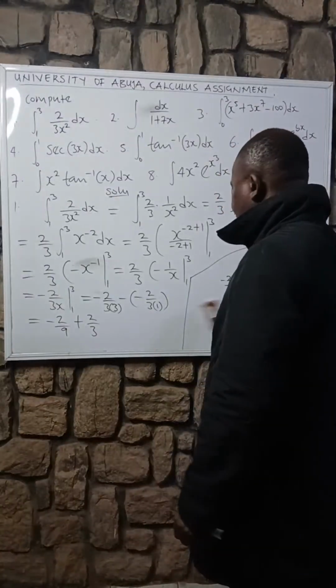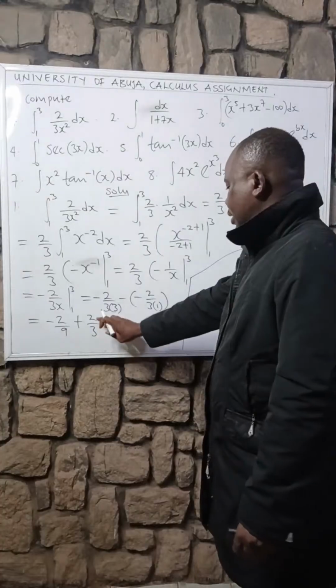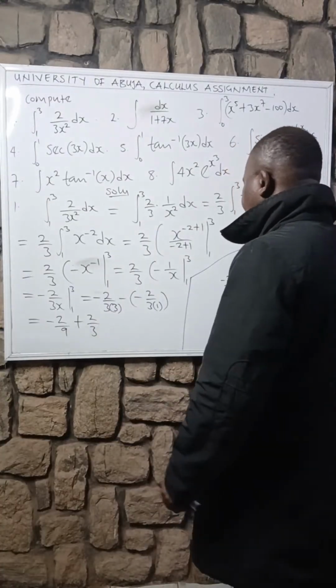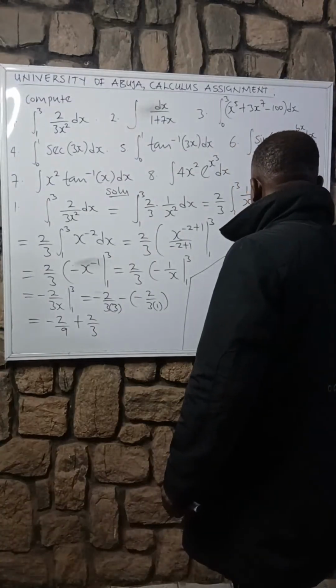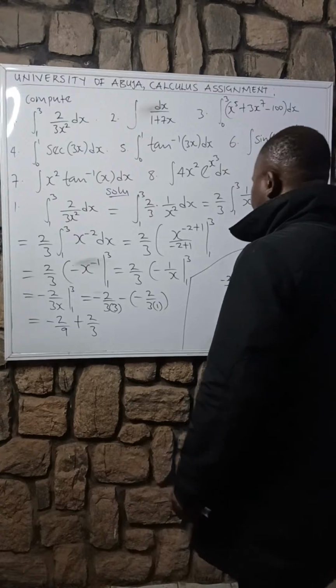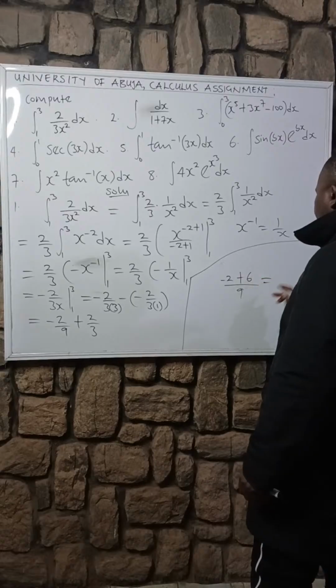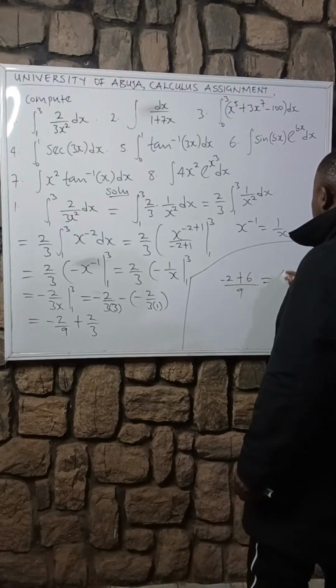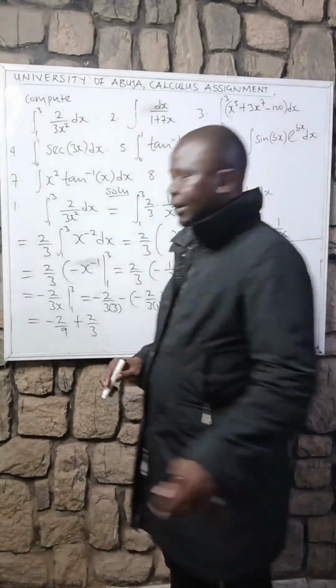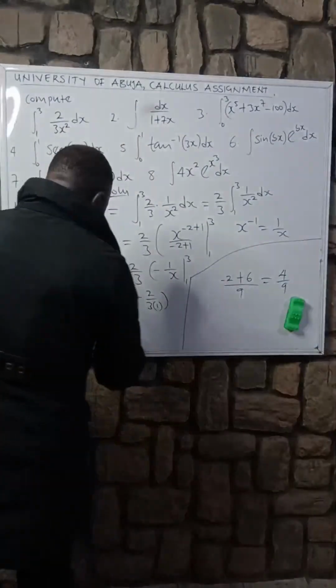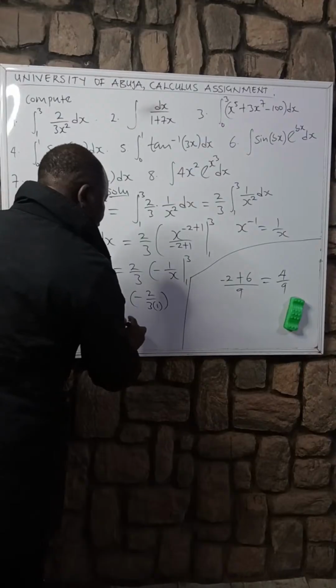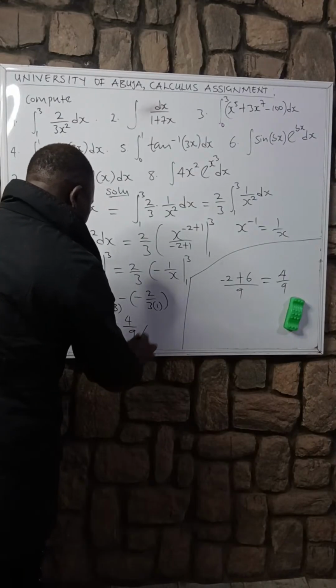Plus 9 to 3, 3 times 2, 6. So you can now see that this is going to give us minus 2 plus 6 is plus 4, all over 9. So this integral is now going to give us plus 4 all over 9.